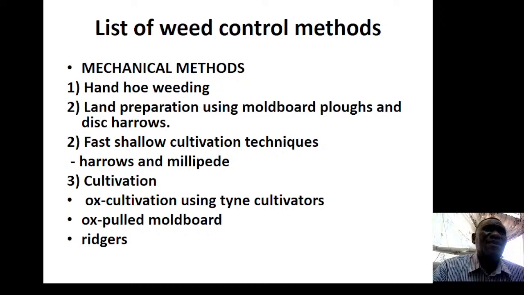There's fast shallow cultivation techniques where we can use harrows and millipede. Ox cultivation using tiny cultivators can be done under smallholder conditions. Even the ox pull, the moldboard, and the ridgers.